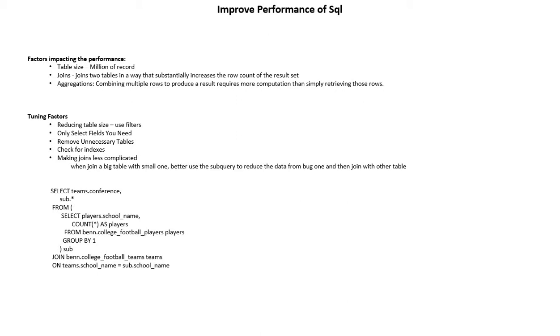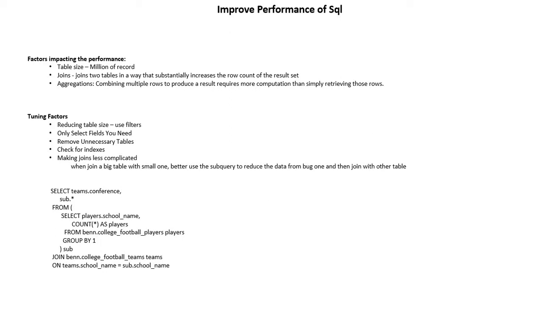But if you have thousands, tens of thousands or millions of rows, the record size goes beyond the limit. In that case, even a simple select query becomes a big issue, because it has to scan the entire record and bring it back to you. So the table size really matters for the performance of a SQL query.